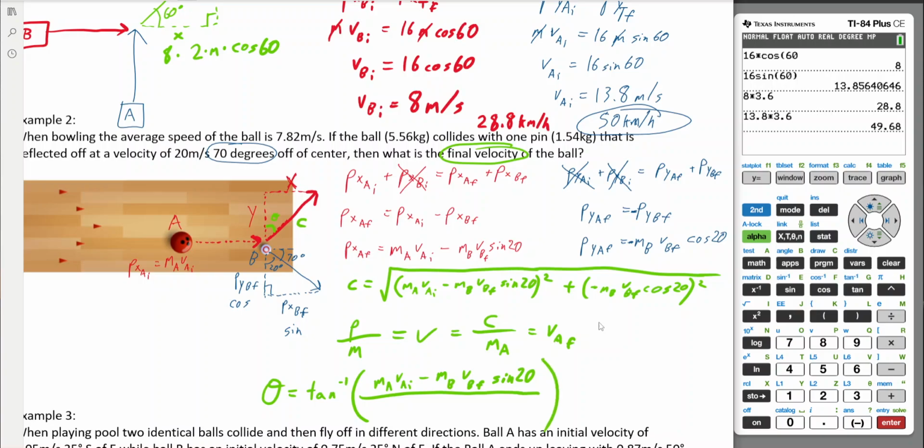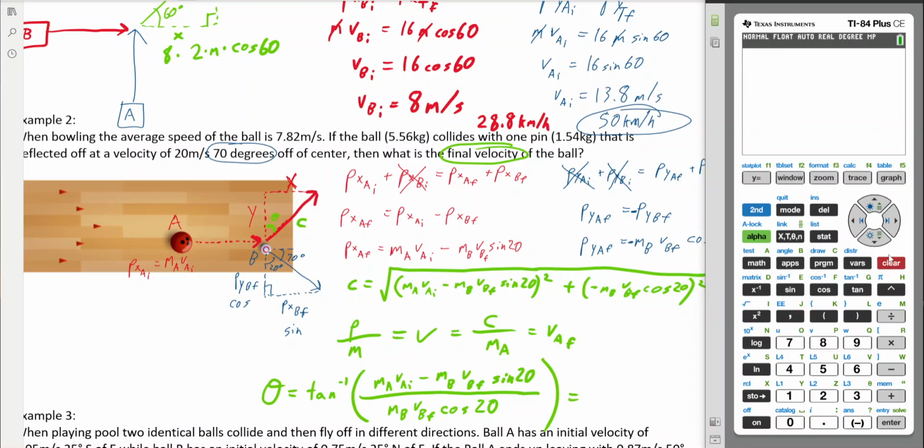And our adjacent is mass B, velocity B final, cos 20. And generally, I honestly wouldn't include the negatives. The negative just tells us that it's up. So negatives aren't really important here. So that should work.